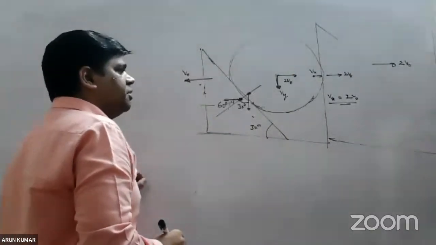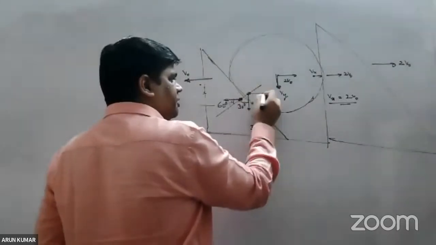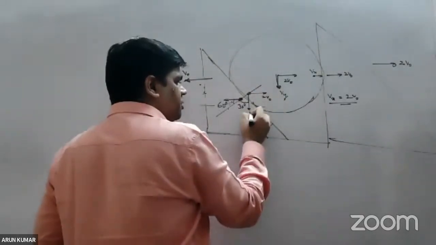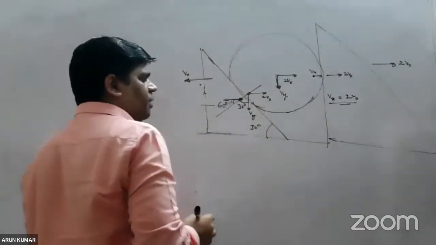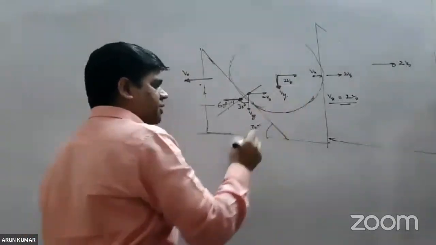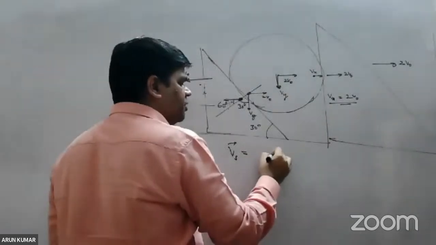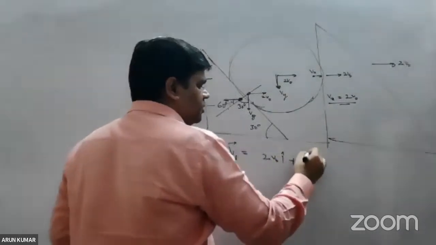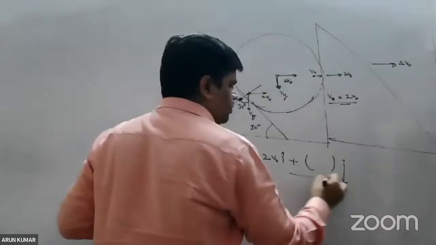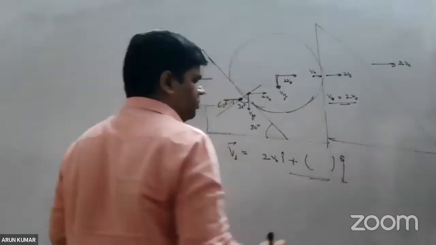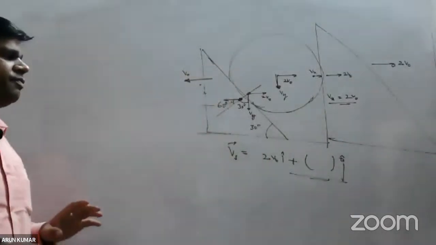Now what do we do? What is the velocity of this point? 2 V naught, Vy. I got x velocity. See, I want velocity of the sphere. Vs bar is equal to, what is the x velocity I got? 2 V naught i cap plus something j cap. Right? This something is what I have to find out now.